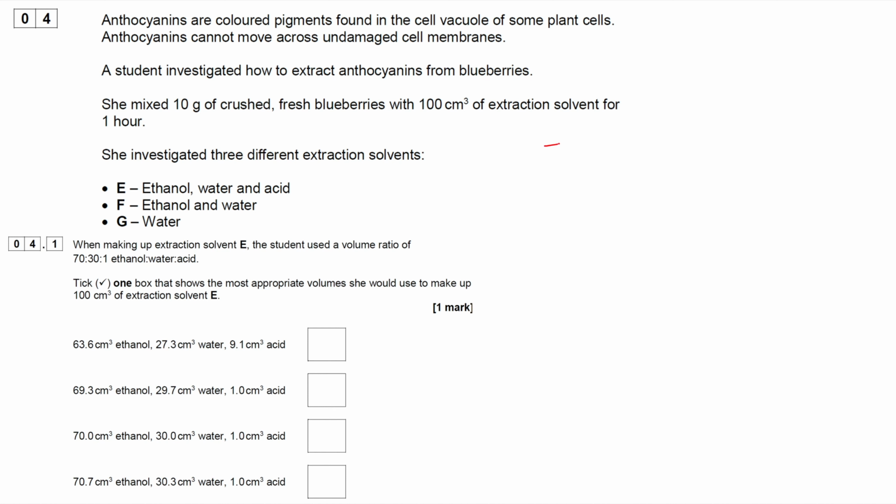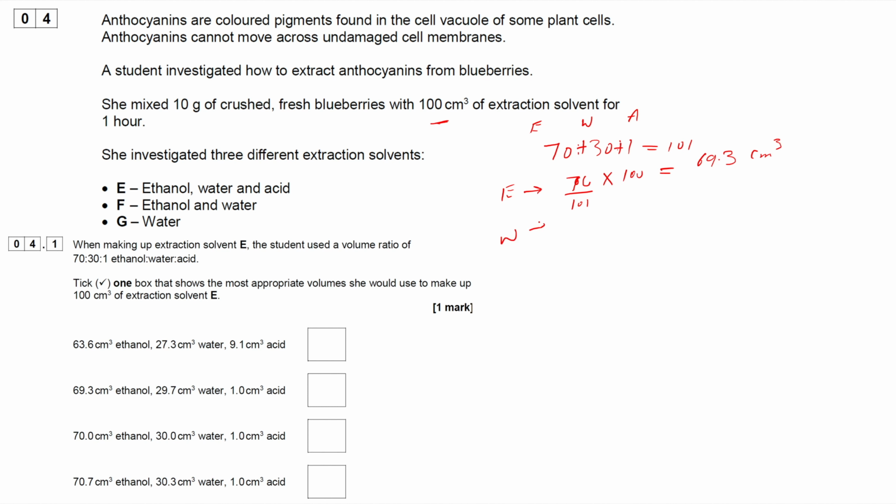Okay, so we have a ratio of 70:30:1 for ethanol, water, and acid. So the sum of the ratio is 101. So how much ethanol will we take? Ethanol will be the proportion of ethanol divided by the sum of ratios, times 100 because we want to make 100 cubic centimeters, and that will give you 69.3 cubic centimeters.